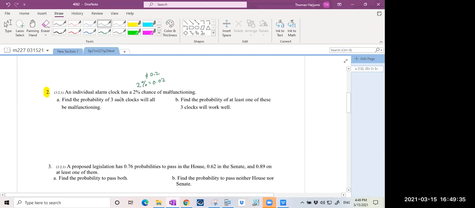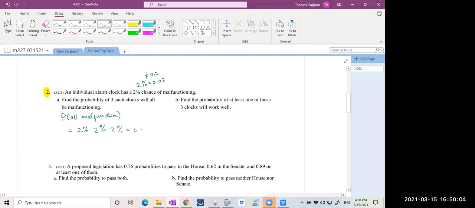So what is the probability that all these clocks will malfunction? The probability that all malfunction is the probability the first one malfunctions, that's 2%, times the probability the second one also malfunctions, and the third one also malfunctions.